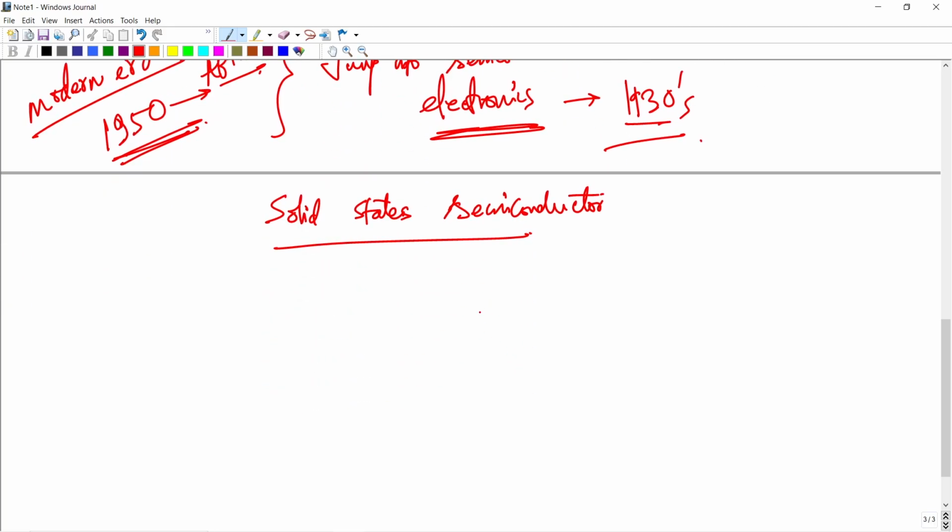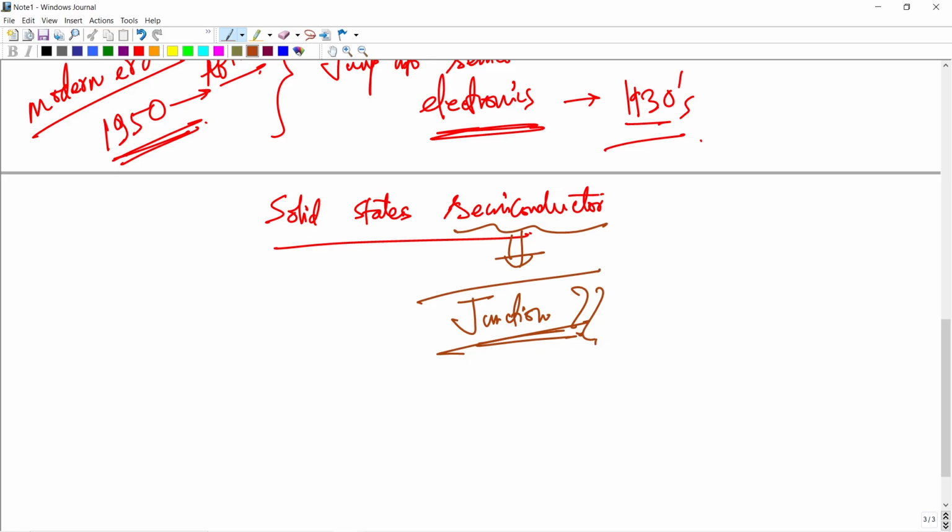Mainly that device is very important and functions very fast because it has a junction. The junction is very important. What is a junction? Later we will discuss what a junction is. But the junction is the main key factor for the difference between bulbs and semiconductors. Because semiconductors have a junction, they are much more reliable than bulbs.